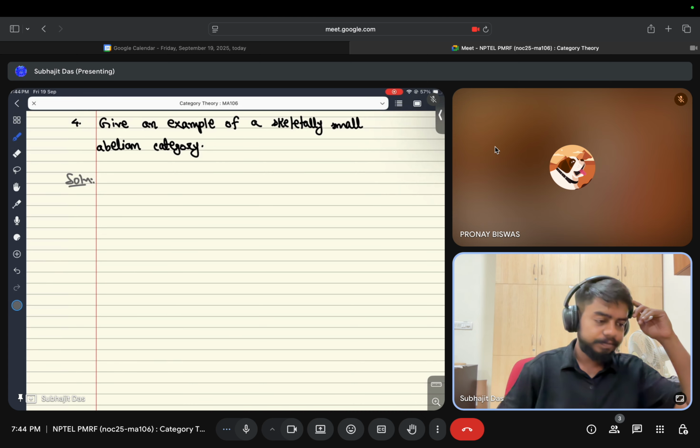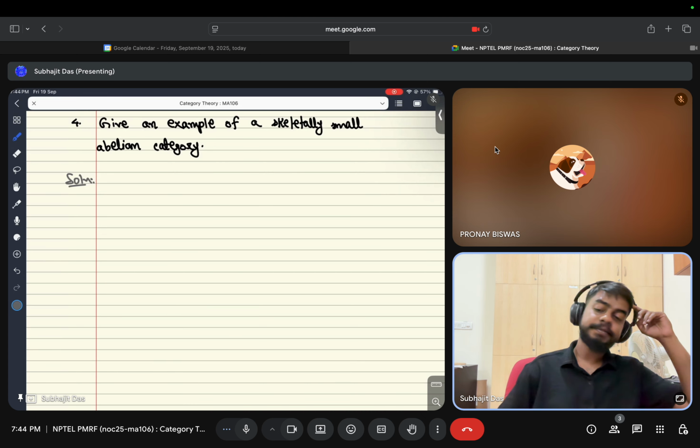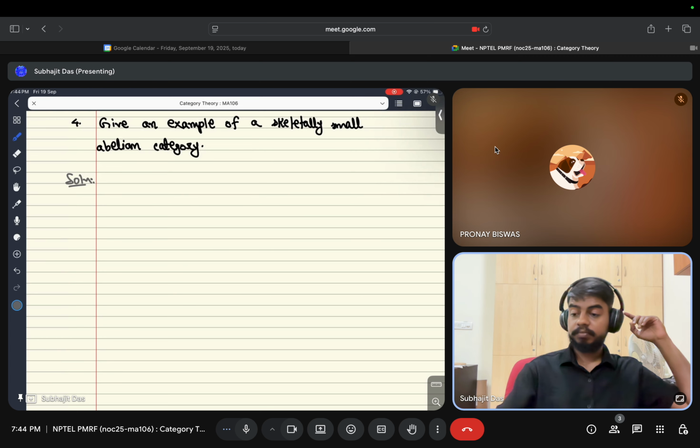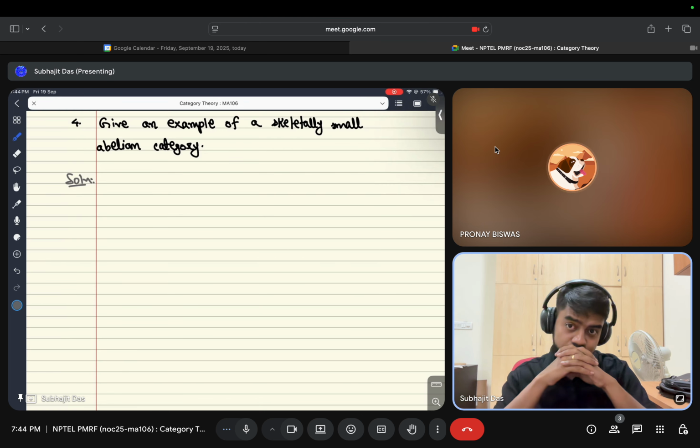So give an example of a skeletally small abelian category. What do you think?